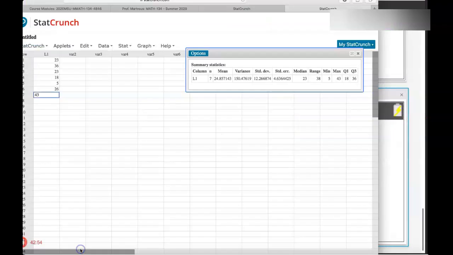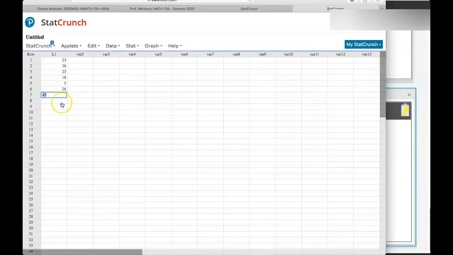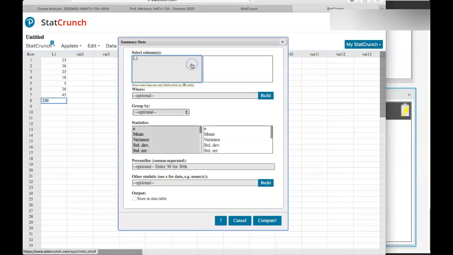Okay. So we had this one for before the new hire, and we added one more. So exactly the same numbers, but adding 103 here. So again, Stat, Summary Stats, Columns.